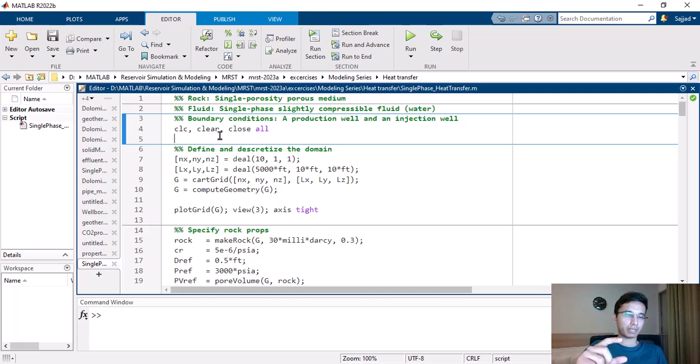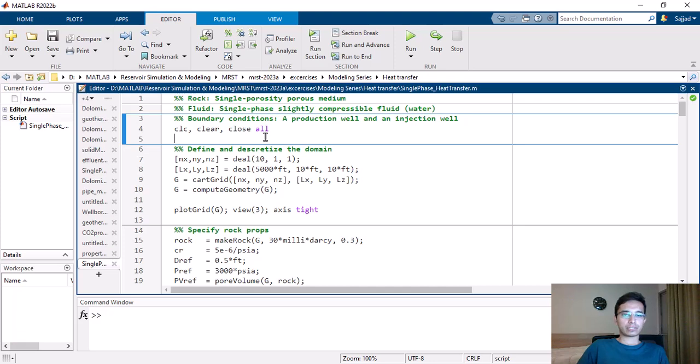I need to mention this because sometimes we consider water as an incompressible fluid, because sometimes its compressibility is even less than rock. But here I considered water as a slightly compressible fluid. So it has some compressibility, but a very, very low value. And so when the pressure changes, its density changes a little bit.